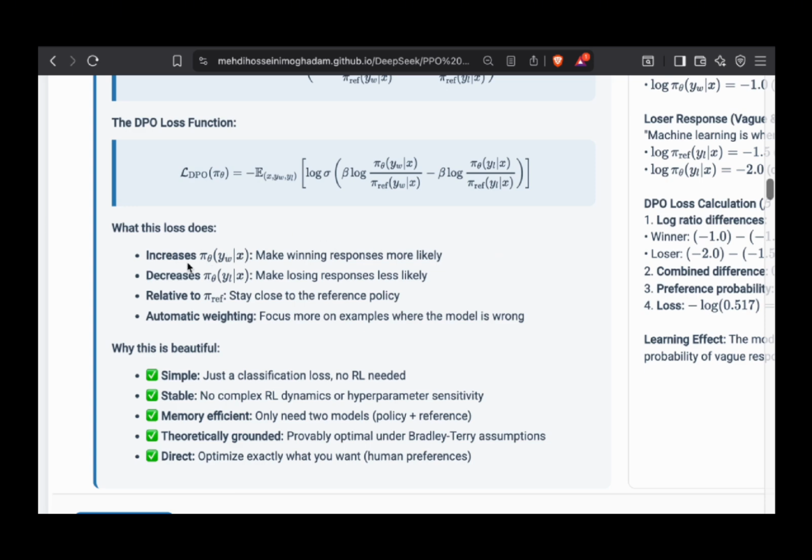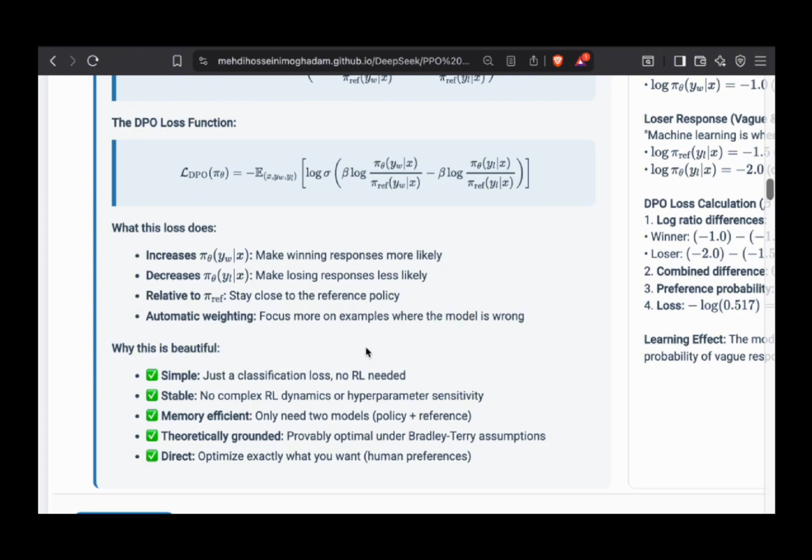Because we want to increase the winning answer and teach the LLM to forget about those losing answers, giving a negative value or probability to those kinds of answers, making them less likely to happen. And at the same time, because we have the ratio, it tries to stay close to the reference policy as well. And also the automatic weighting focuses more on examples where the model is wrong, which is okay.